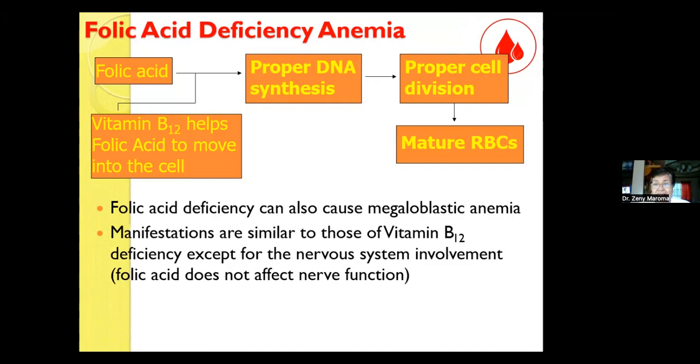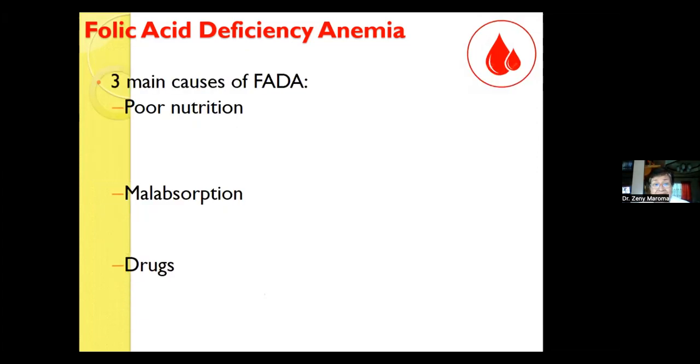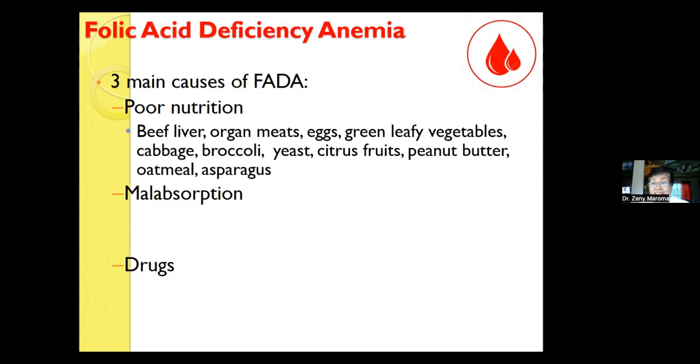The manifestations are those of pernicious anemia minus neuro symptoms. Why minus neuro symptoms? Because folic acid does not play a role in normal nerve cell function. Okay, and these are the main causes of FADA. Poor nutrition, decreased intake of these foods.